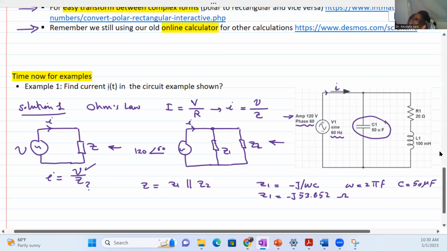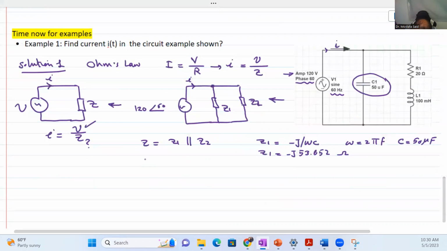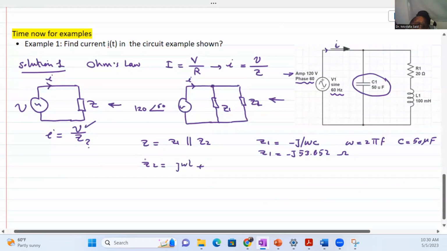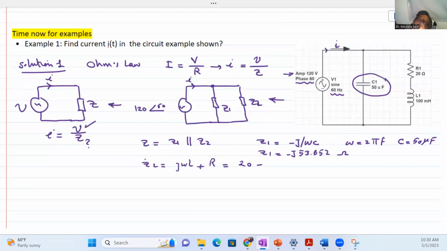Now Z2. For Z2, it's J omega L plus R, the resistance. So R is 20, that's good. Now J times 2 pi 60, and the L is 100 milli, so 100 multiplied by 10 to the power of minus 3.